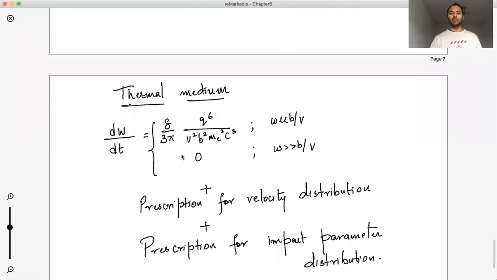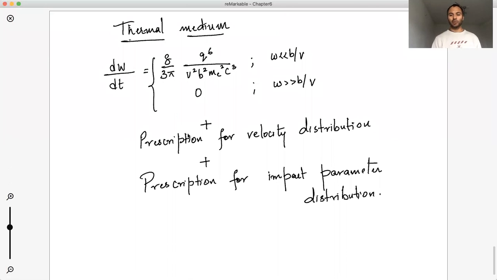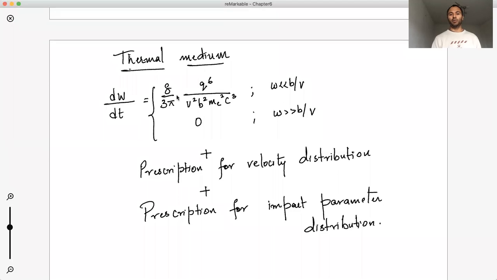You can do that, and we'll do some problems of that sort in class. We'll just take a thermal medium because you'll end up getting expressions which are easy to integrate. So maybe we'll do a problem like that to find the emissivity of Bremsstrahlung emission in a thermal medium in class.